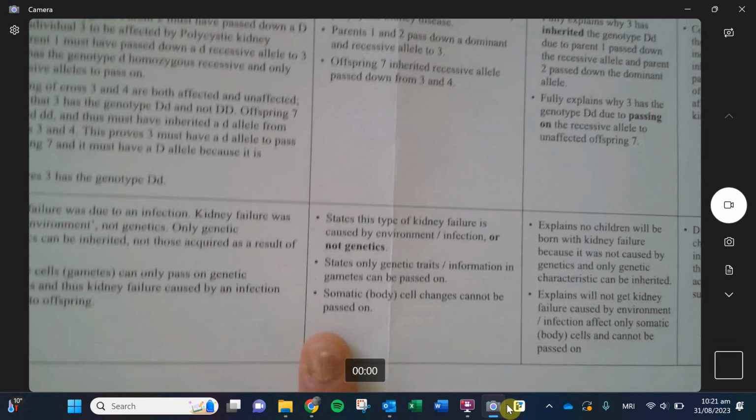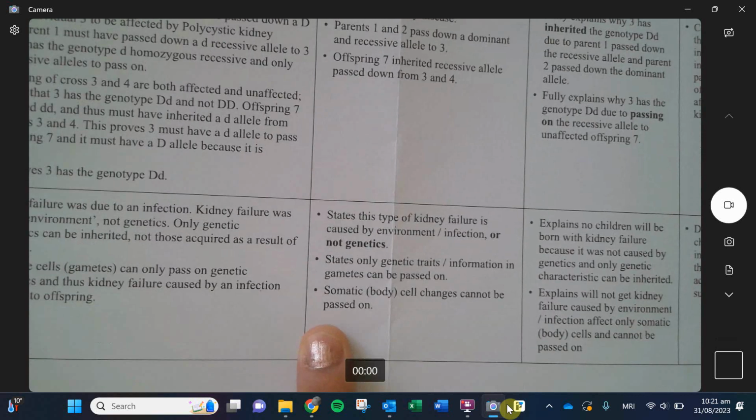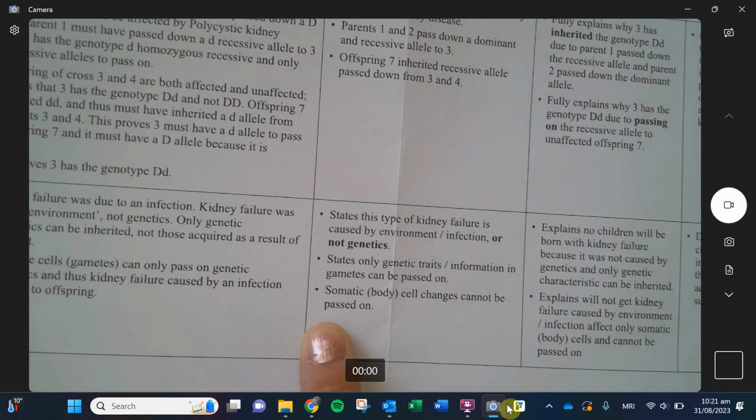And then this one here, the kidneys are the ones that are going to be infected by the infection. The kidneys are not gametic cells, they are somatic cells. Somatic means body cells. And whatever happens in the somatic cells cannot be passed on to the offspring. So the only thing that's passed on to offspring has to be from the gametes. All right? That also means things like cancer.